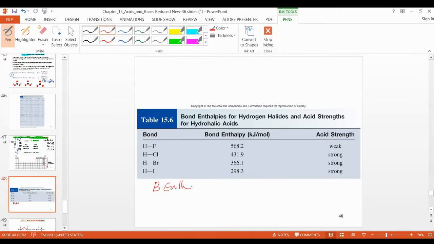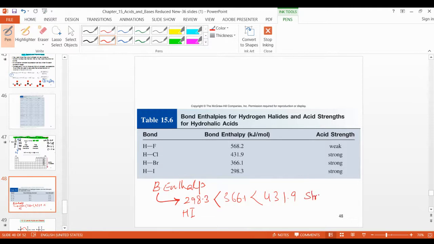Bond enthalpy is 298.3, less than 366.1, less than 431.9. This is HI. So this has less bond enthalpy. So bond enthalpy is less than this.